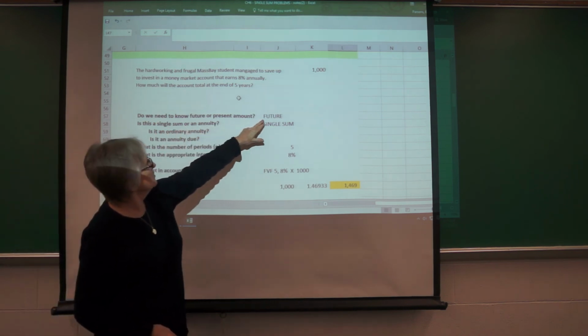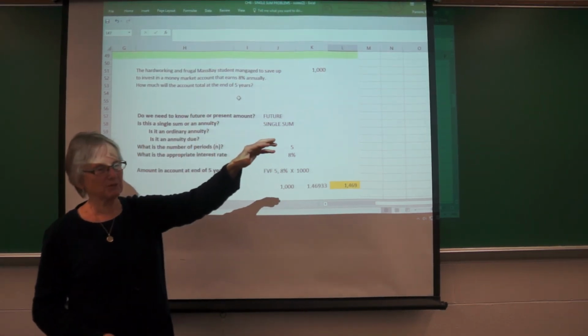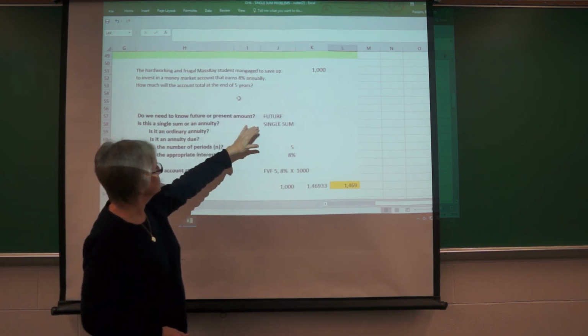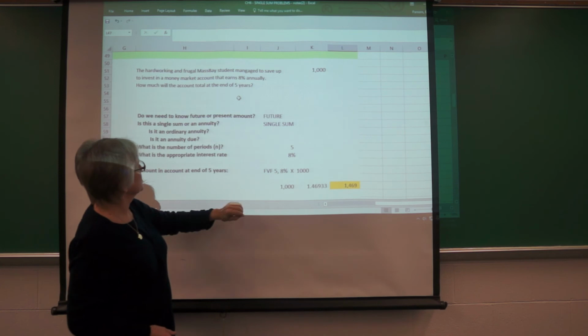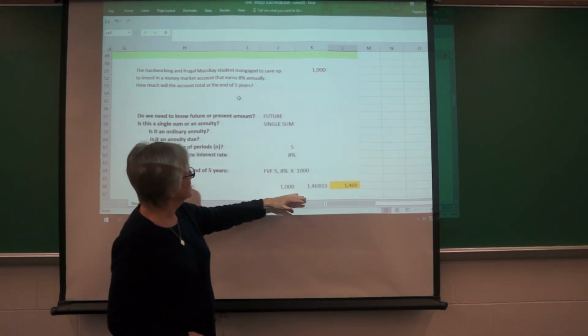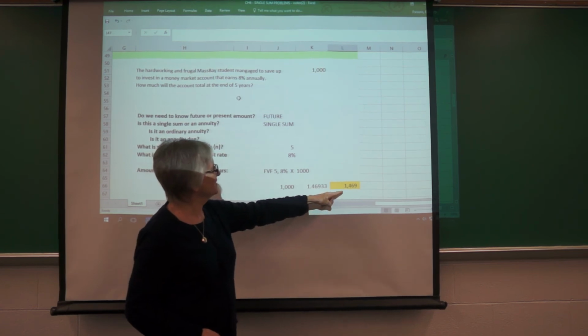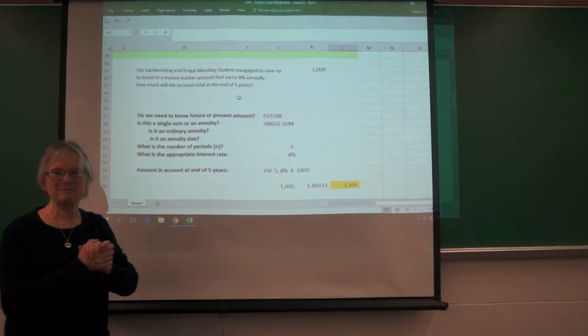Well, we need to know the future. We know we have 1,000 now, how much is it going to be in the future? It's a single sum, and it's 5 years at 8%. So here, we're multiplying what we have today times the future value factor to get how much we will have in the 5 years.